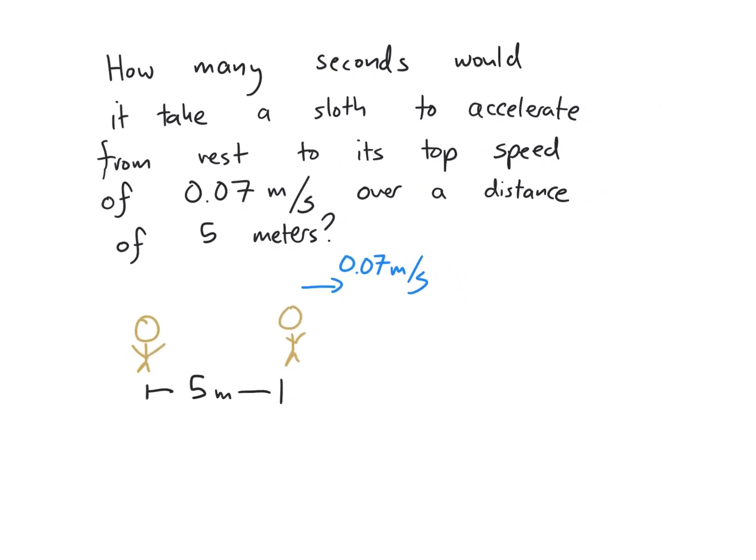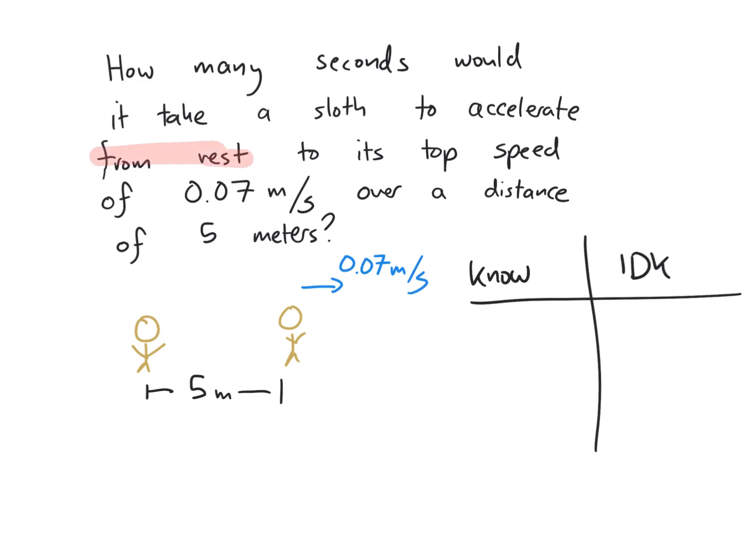So making our list of knowns and unknowns, we know that the sloth has an initial velocity, v sub i, of 0 because he's starting at rest. So our v sub i is 0. We know that his v sub f, his final speed, is going to be 0.07 meters per second.